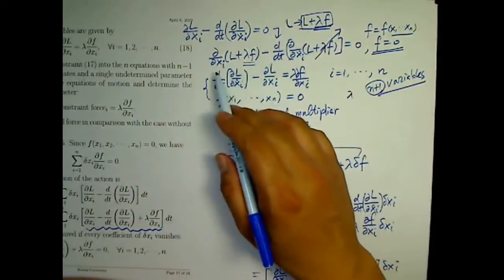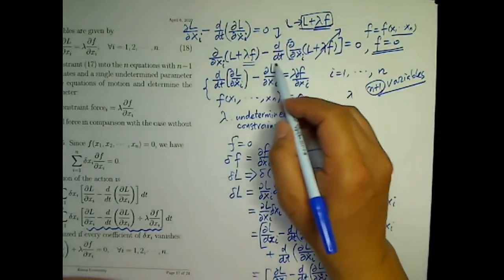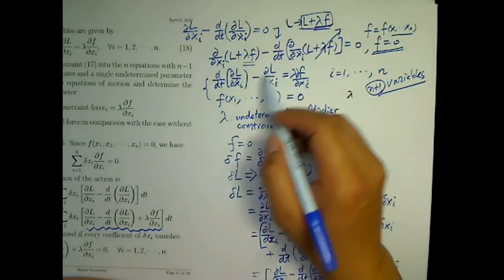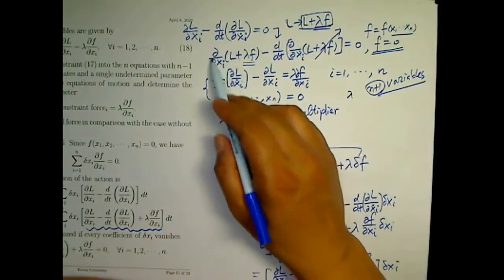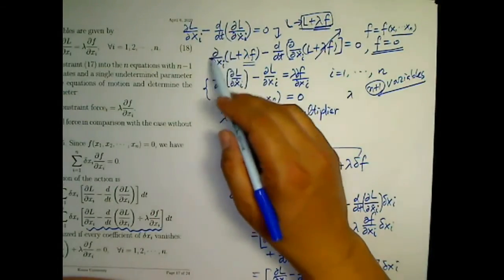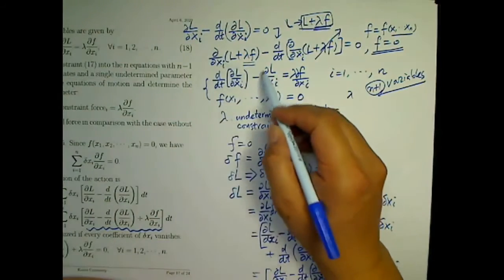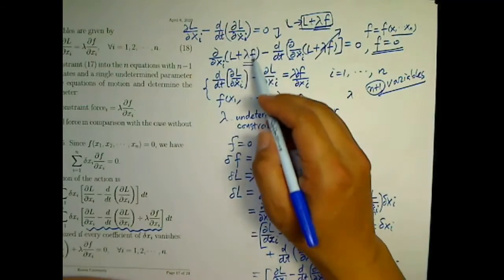If we summarize, this one is the time derivative of the conjugate momentum, and then we have the Lagrangian's partial derivative with respect to xi, that is a force, and then this contribution appears.